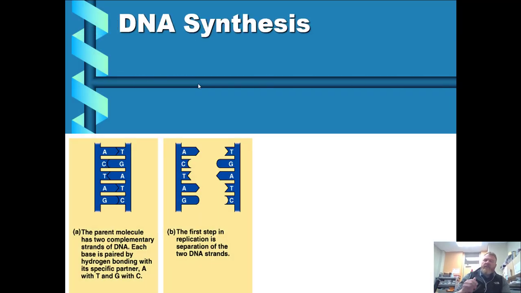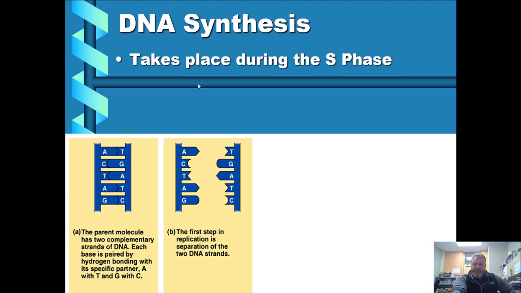All right, so let's talk a little bit about DNA synthesis before we jump into RNA, okay? In DNA synthesis, we have our parent molecule, the original strand. First, we're going to separate that strand. Right here, as you can see, we're separating this strand. We have a molecule, DNA helicase.